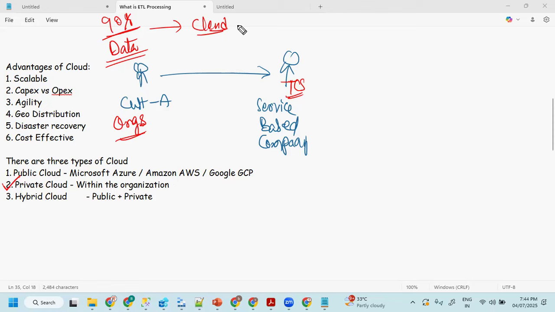Not only that, if you go for the cloud, they have a variety of services to provide the solution for your big data. For example, from Microsoft we have ADF, Azure Data Factory. From AWS, I have Glue to ingest data from a variety of systems.